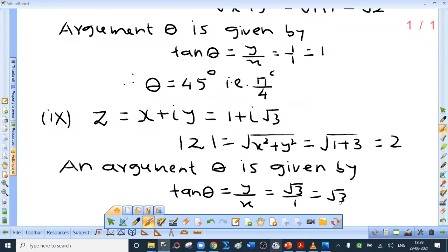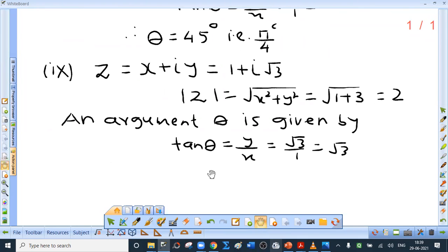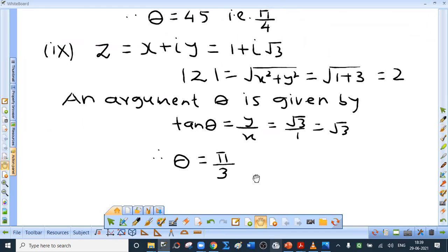Now the point representing the complex number, 1 comma root 3, lies in which quadrant? First quadrant. So can you tell me the angle in the first quadrant whose tangent ratio is root 3? Yes, you guessed it right. Theta is 60 degrees. So just write pi by 3 radian.